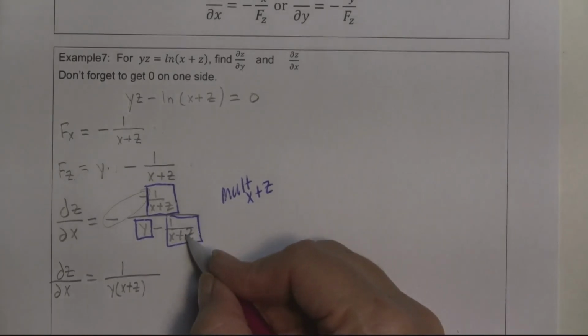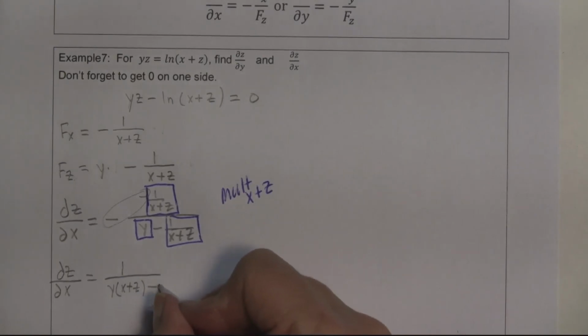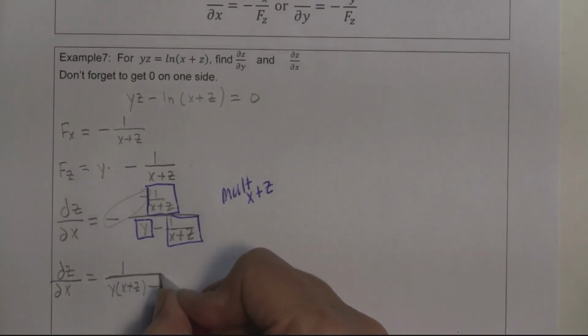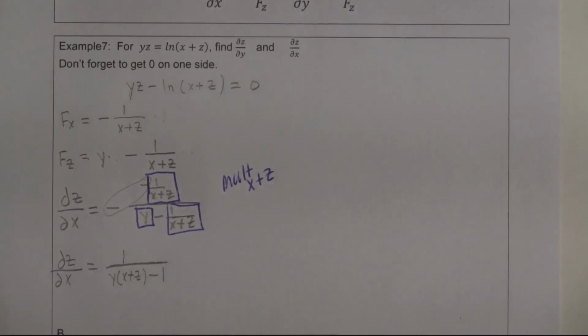And then here, when I multiply by x plus z, the x plus z's are going to cancel, and I'm going to get minus 1. And now I don't have a complex fraction, and so to me that's a good answer. It's also a good answer to distribute the y down there. If you wanted to, you could distribute the y, and that would also be a good answer. And so we did a lovely job on that.